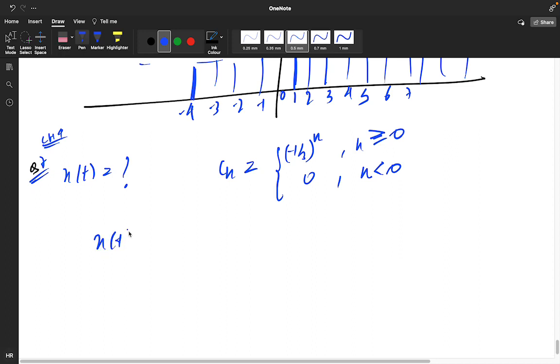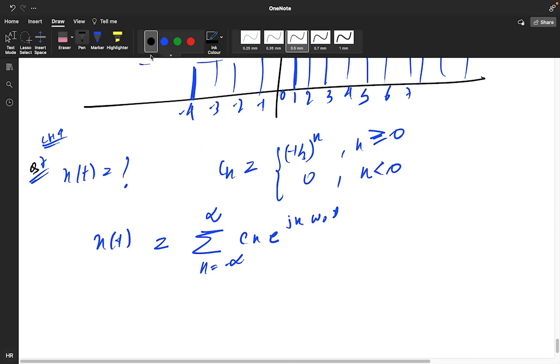So x of t is what? X of t is summation of k equals minus infinite to infinite ck e power jk omega naught t. Instead of n, we are writing k. That's it.